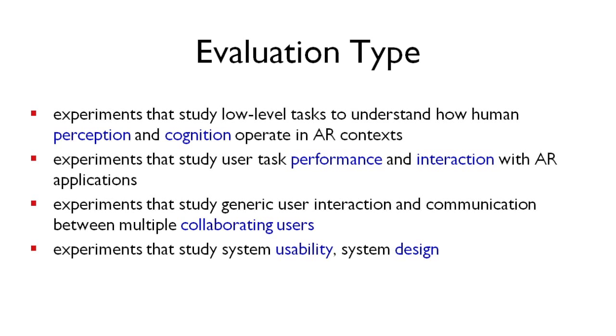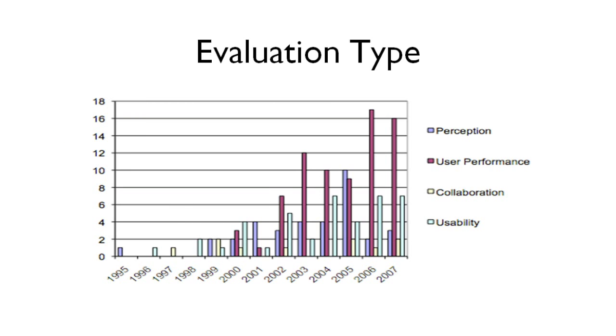So these are your typical task completion times, error rates, and those types of studies. Then experiments that look into users collaborating with each other and how to support user collaboration, and experiments that look into usability and system design. And not too surprisingly, what we found is that the user performance studies are the most represented category.